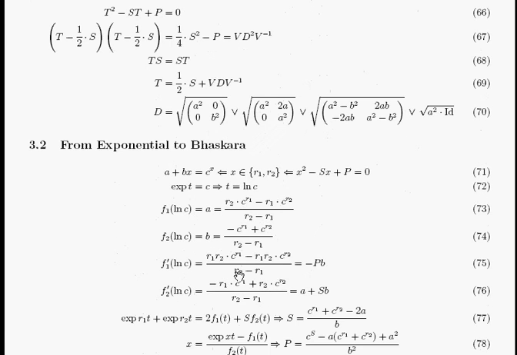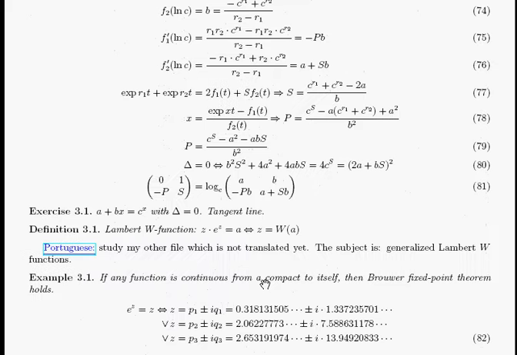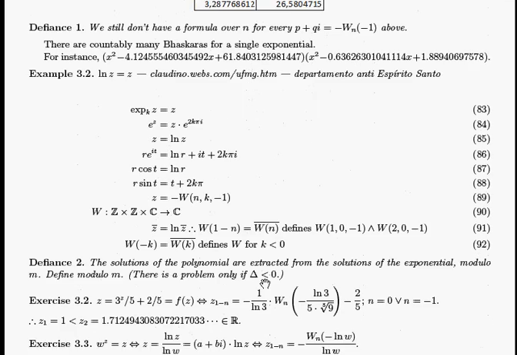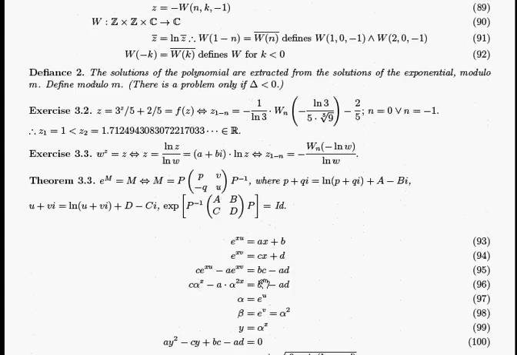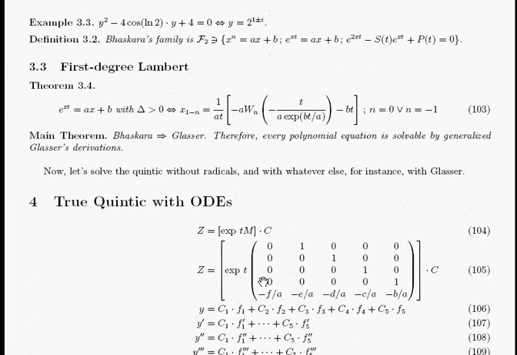Then we try to reduce exponential to Bhaskara. Then exponential of z equals to z is almost Bhaskara. Then solve Bhaskara by Lambert.